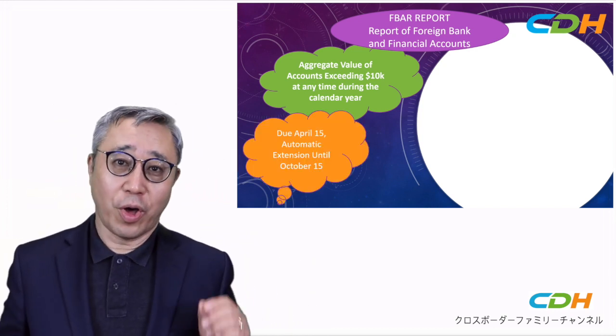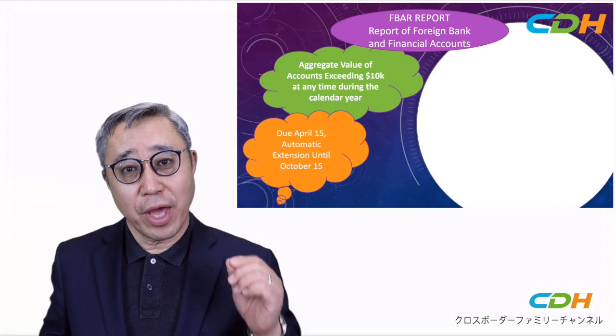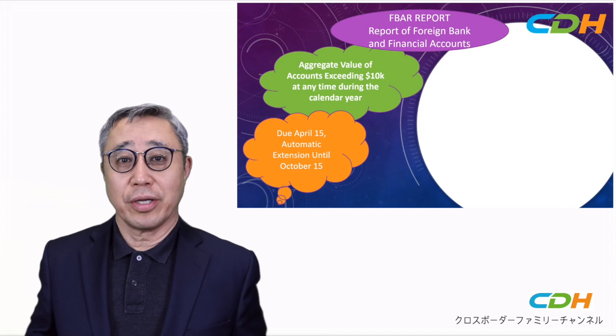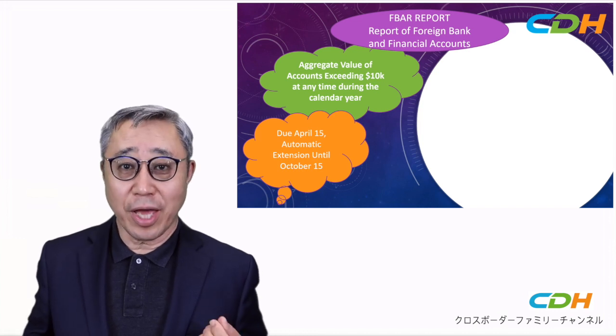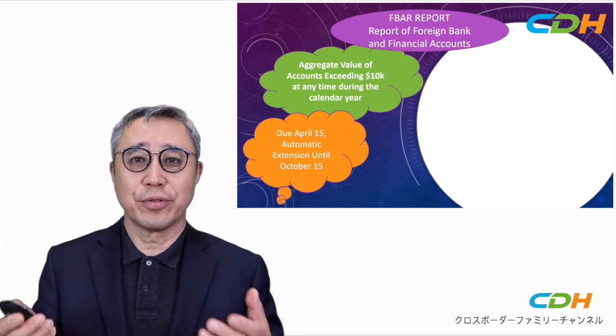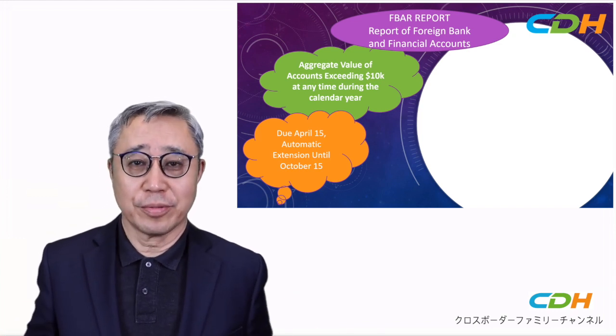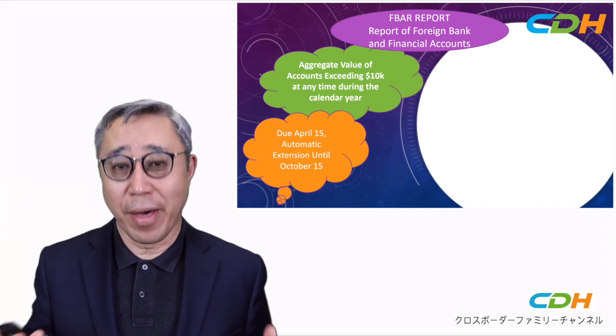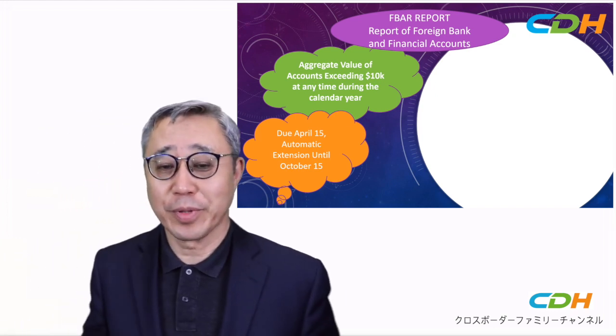Due date of FBAR is April 15. However, if you don't file it by April 15, it's automatically extended. You don't have to do anything until October 15, 6 more months. Okay?